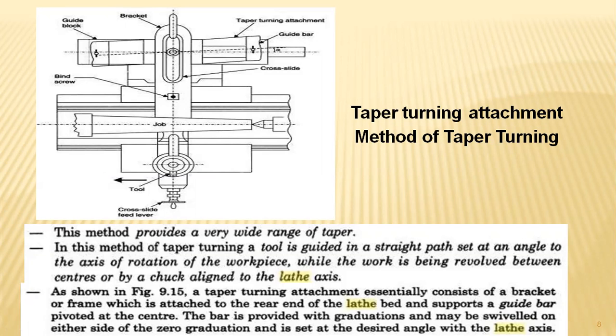Hence, it's an attachment, we can say, that consists of a bracket or frame which is attached to the lathe bed permanently, that deviates its inclinations with respect to the operation of this bracket.